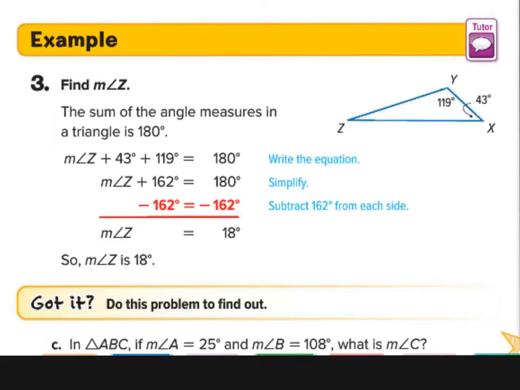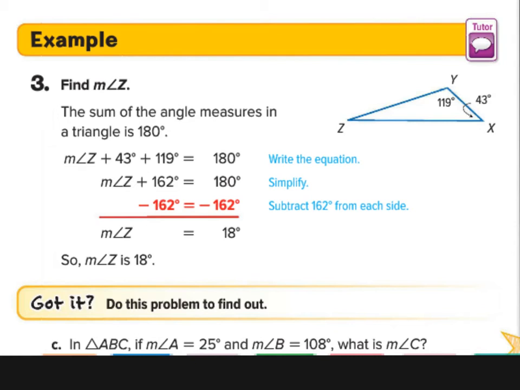So now that we know that, we have a triangle here. It looks to be an obtuse scalene triangle, right? And we have 119 here, plus 43, and we're missing one angle for it to be 180. So we have 119 plus 43 plus Z equals 180. The way you could write it is measure of angle Z plus 43 plus 119 is 180.